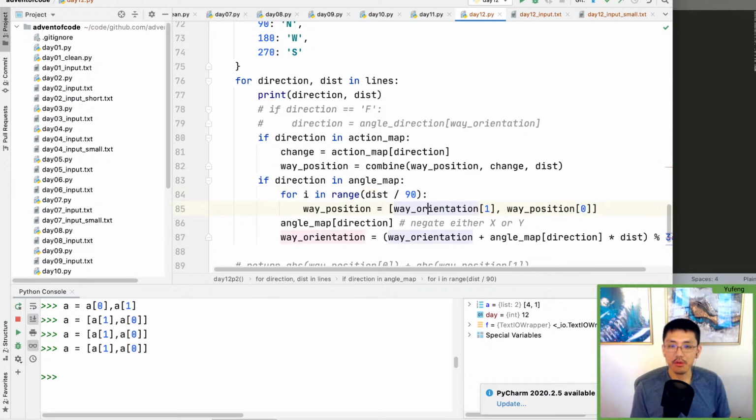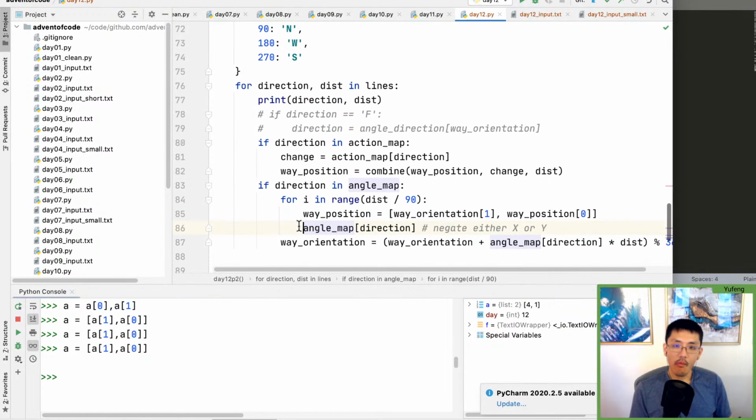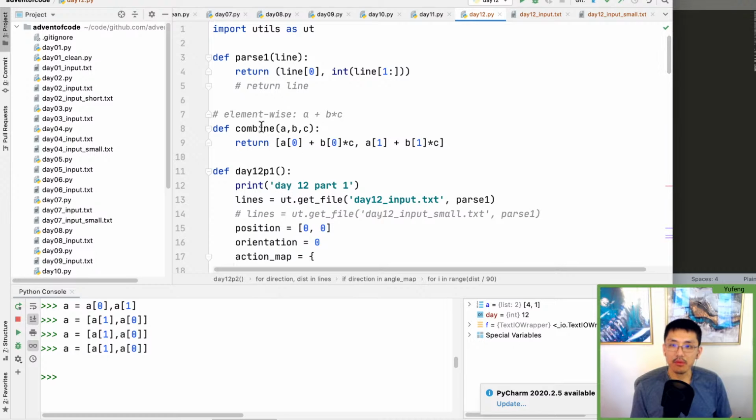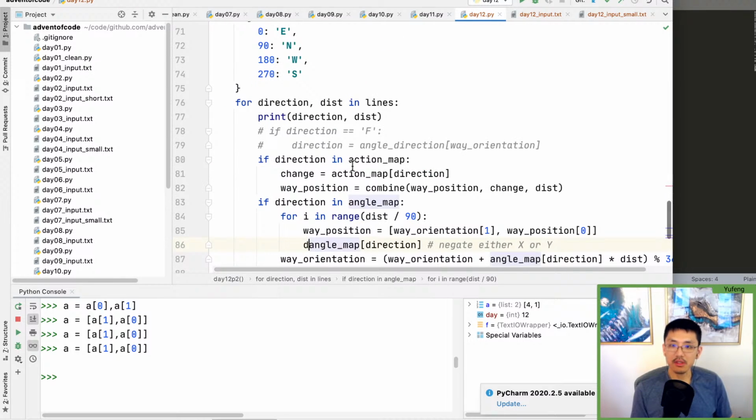So for each time we do it, we swap, and then we negate the two things. And I guess we can do combine and pass in a 1 for C. Combine way position with the angle map direction.